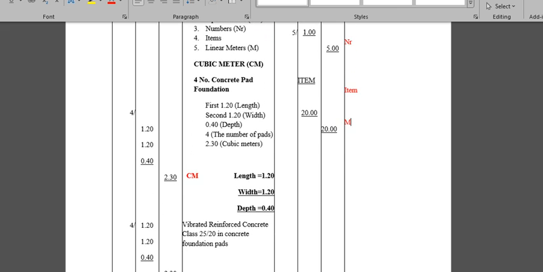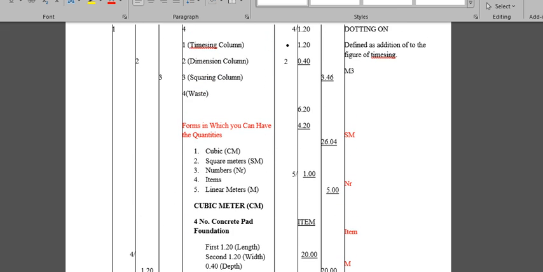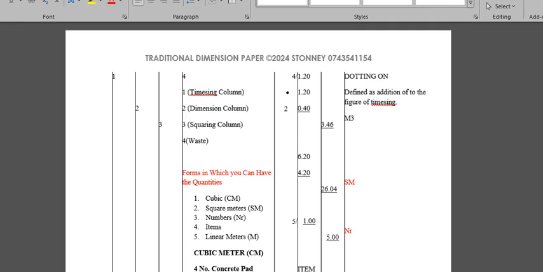So that brings us to the end of our session today, and we've exhausted so much in terms of the traditional dimension paper, its use, and the various parts that it has.